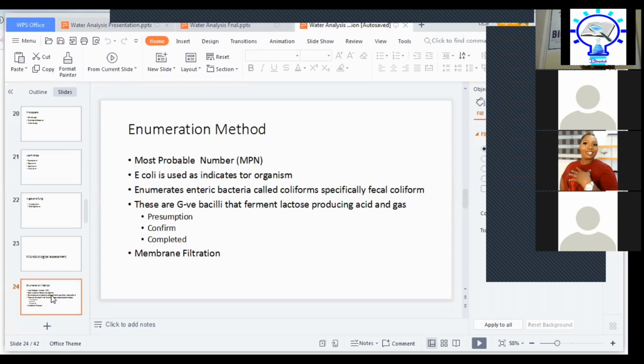That one, we have some membranes, just like a filter paper, that we filter the water through. And then having filtered a sample of that water, we take that membrane and incubate it and see what kind of organisms grow there. And then we can subculture until we are able to say, these are the kind of microbes we have seen.